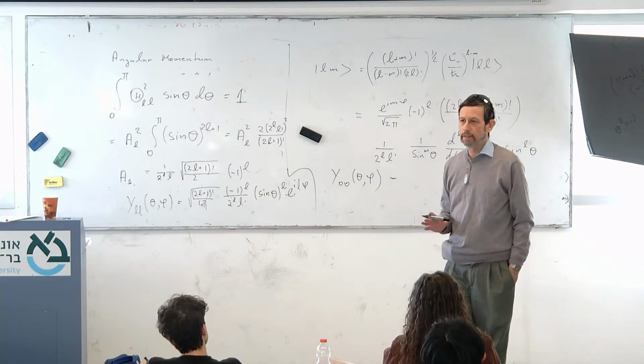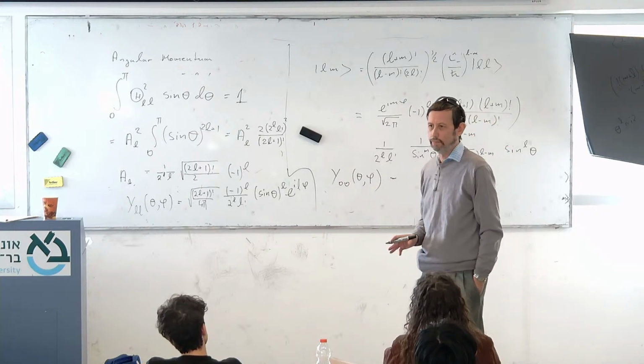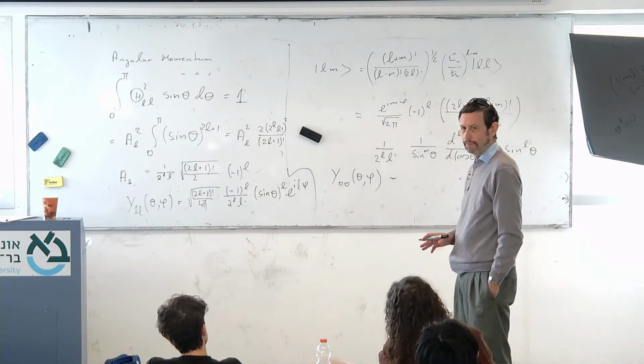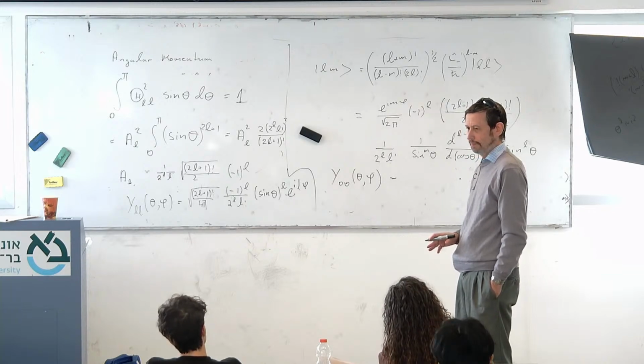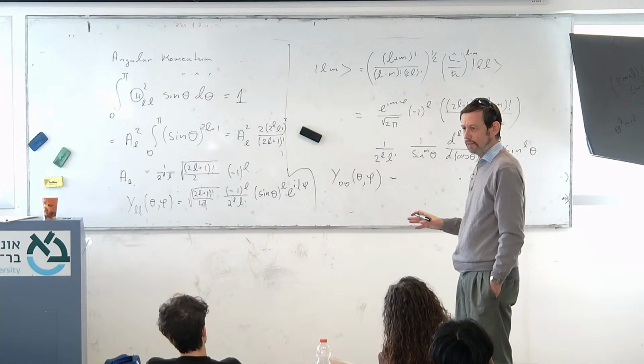Could someone guess the solution for 0, 0? It's easier than it sounds.